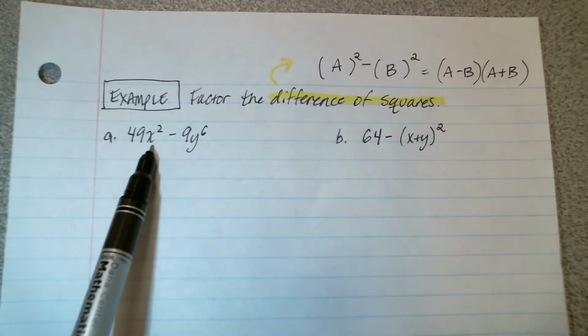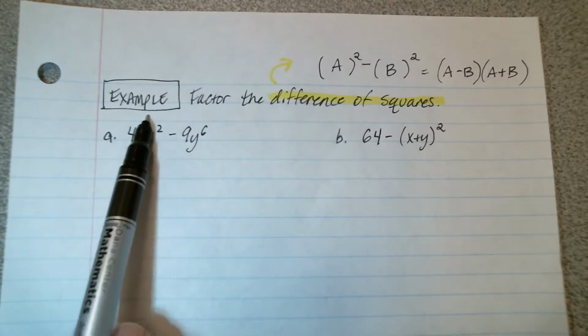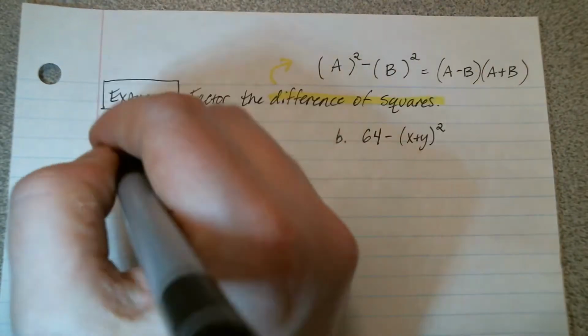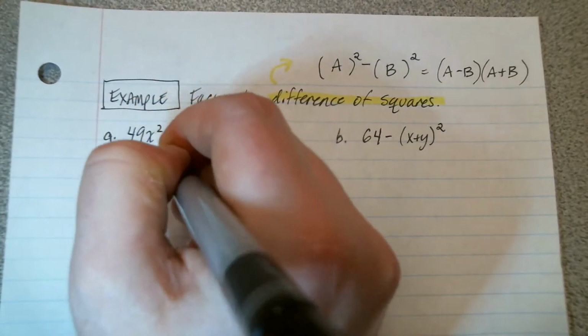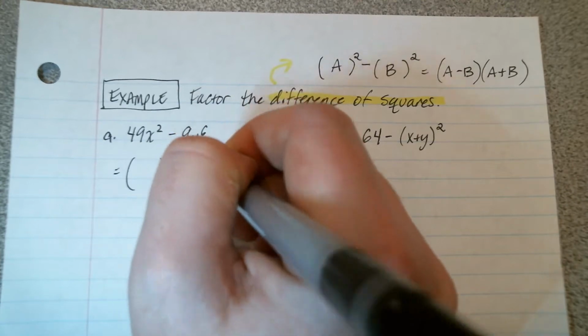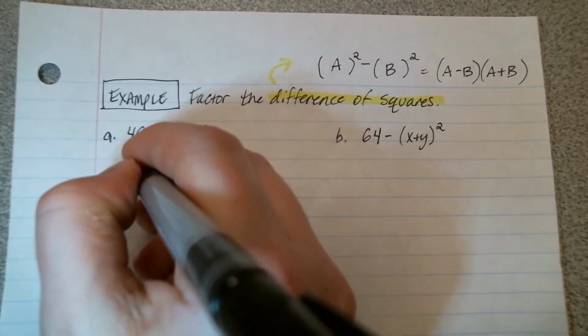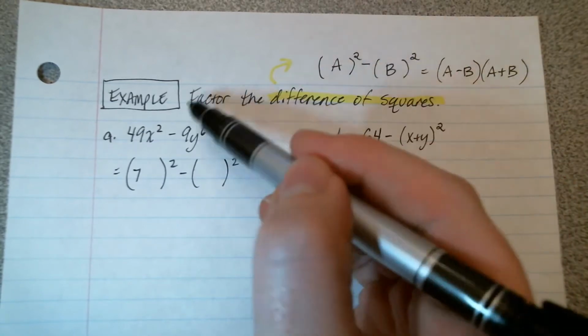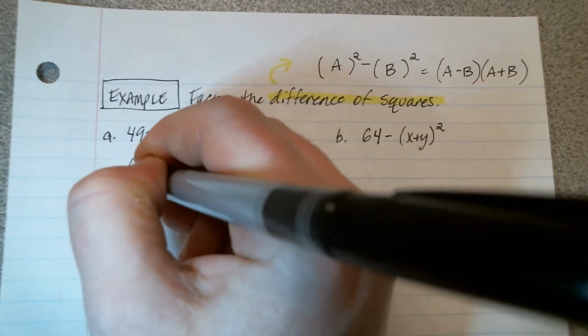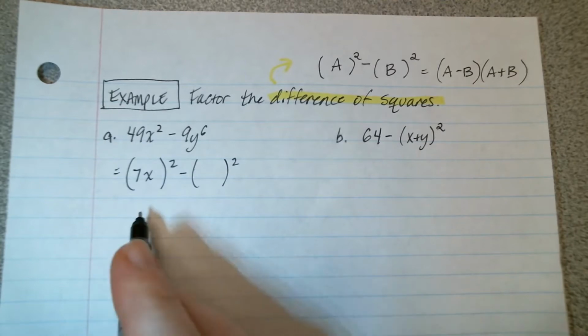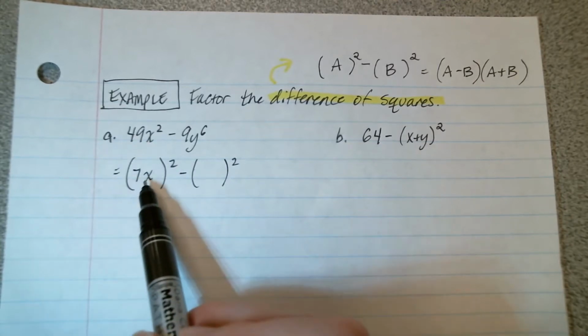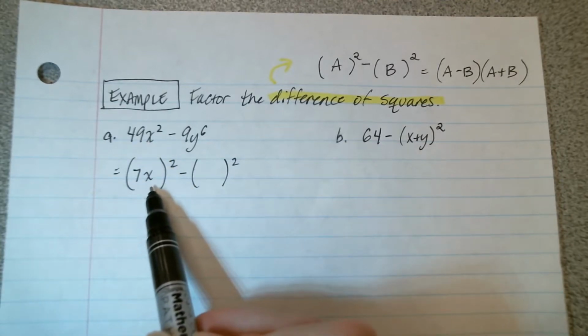It's not enough that the x is being squared, it has to be the whole term. So I'm going to rewrite this as something squared minus something squared. So 49 is 7 squared, and x squared is x squared. So really, to get 49x squared, I just have to square this term.